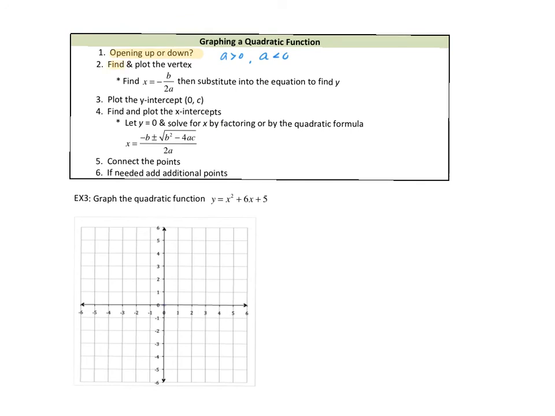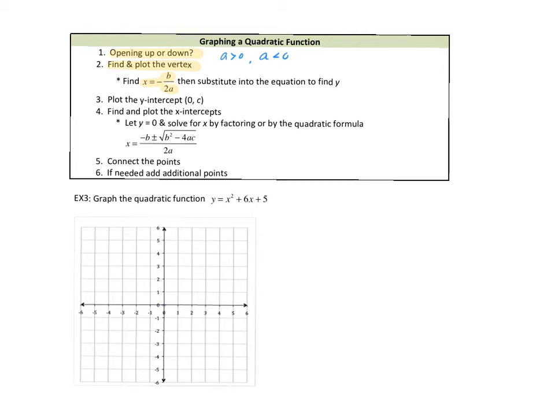You want to find and plot your vertex because that's where you start. Okay, you start at your vertex. If it opens up, you go up from there. If it opens down, you go down from your vertex. To find the vertex, you're going to use x equal to negative b over 2a.